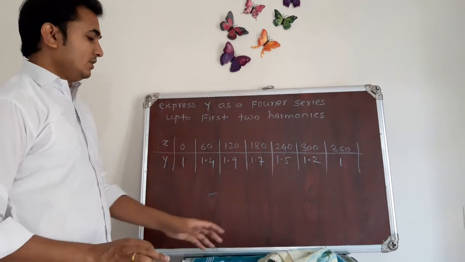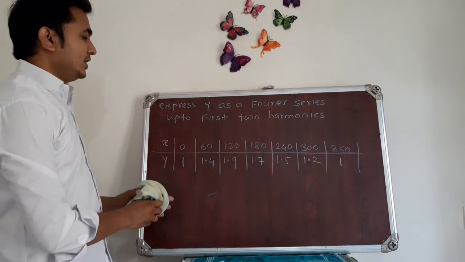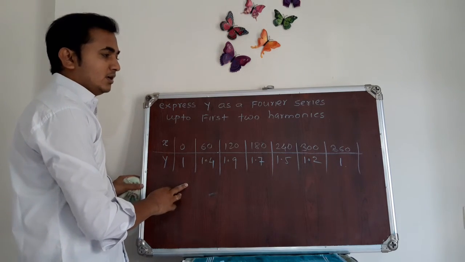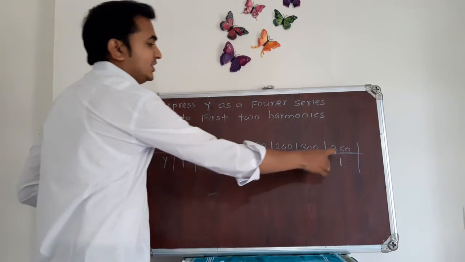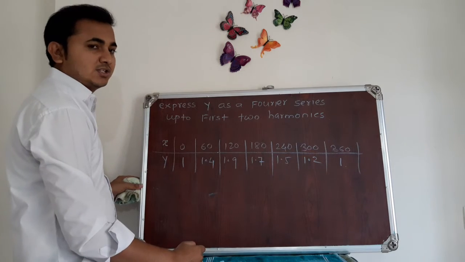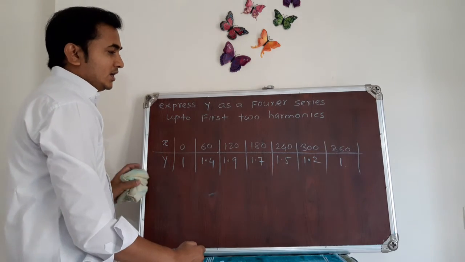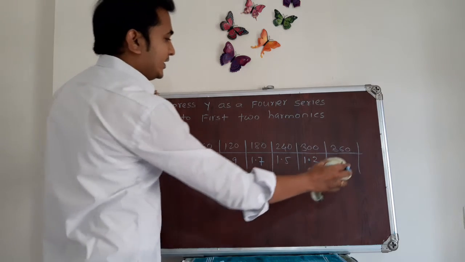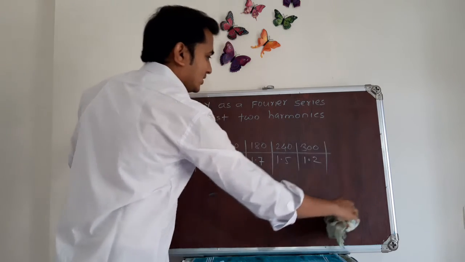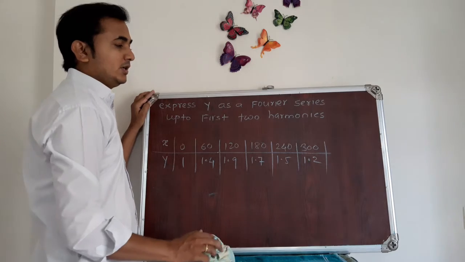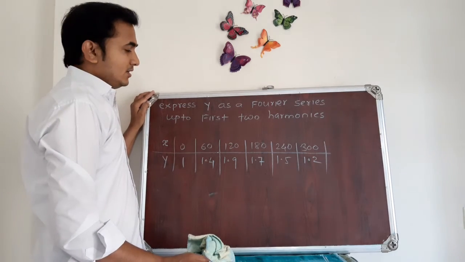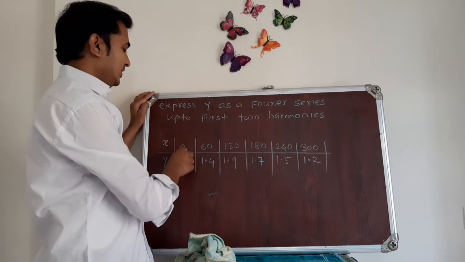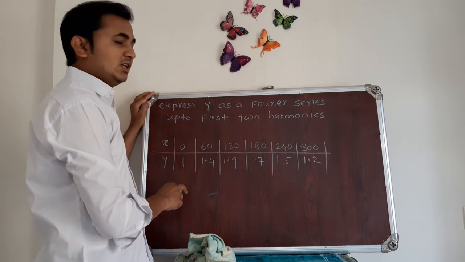Okay. Now a very important point here is, this is periodic of period 2 pi. You can see it here, that is 360. In some cases they may not provide you this 360 value. You can understand looking at this table that there is a difference of 60.